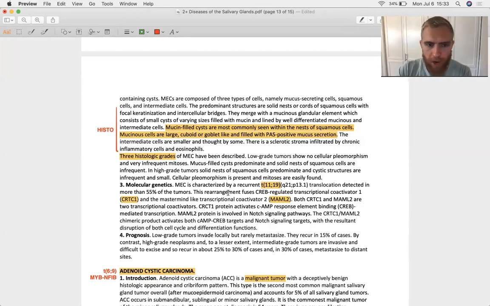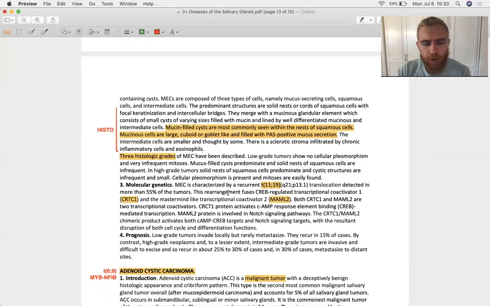And remember, the grade is talking about the growth of a tumor. So to determine the grade of a tumor, we're going to put it under a microscope and look for things like pleomorphism, atypia, differentiation. And so it's telling you could have a low grade or a high grade mucoepidermoid carcinoma.